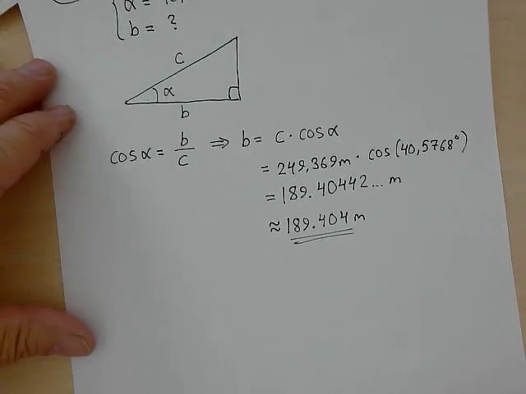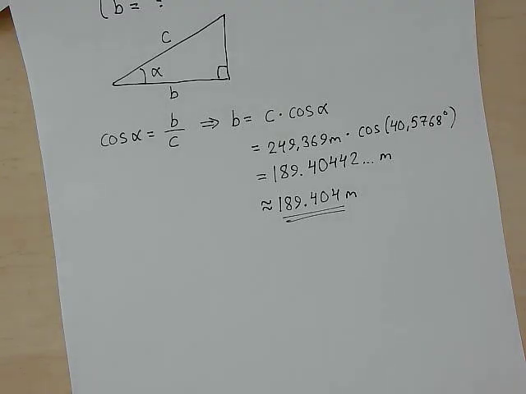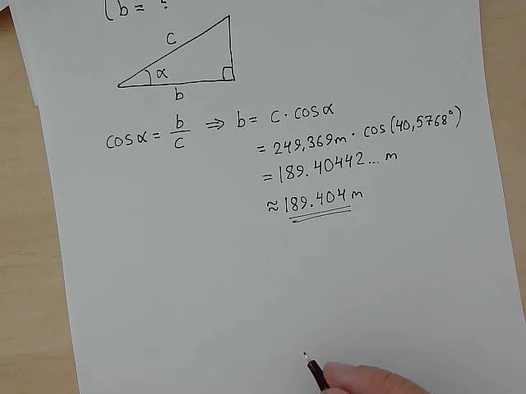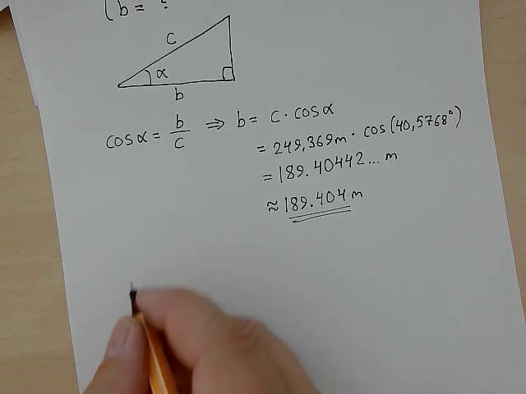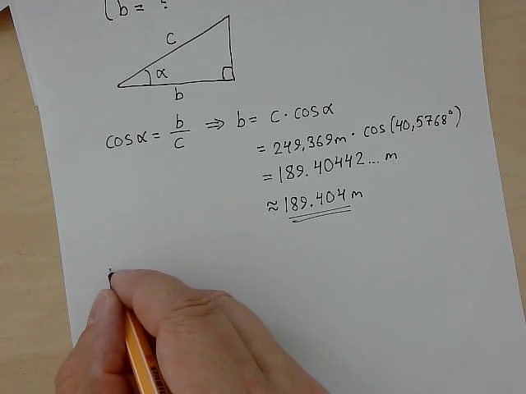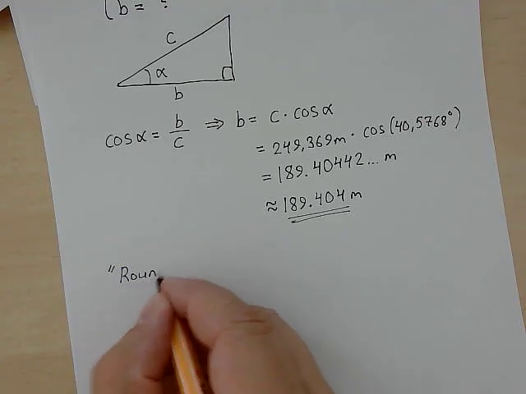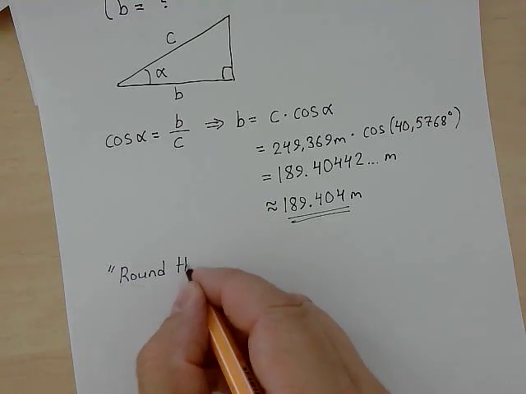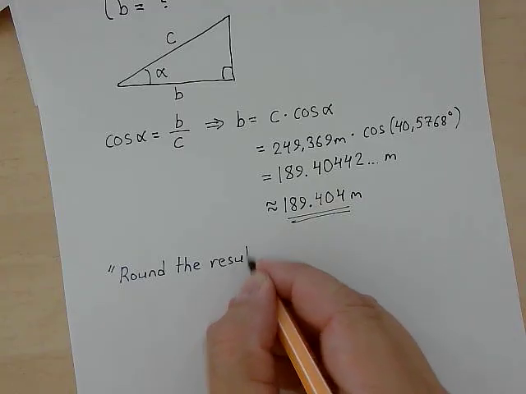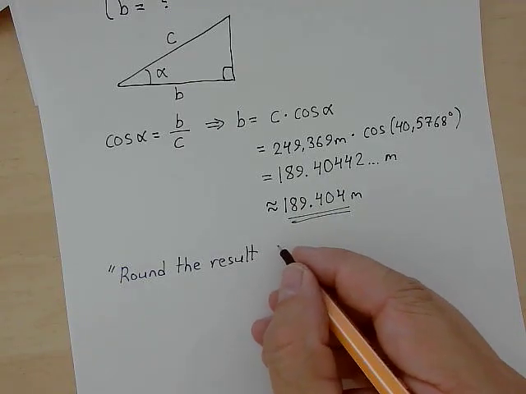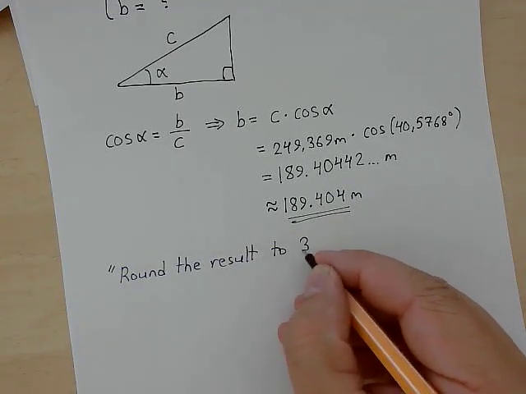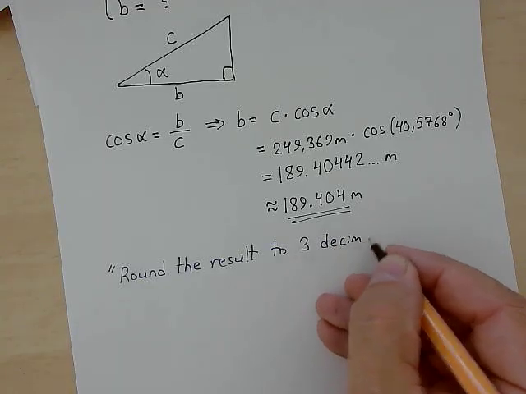Some Finnish words again. This rounding, I haven't translated it in Finnish. If you say in English, round the result to 3 decimal places.